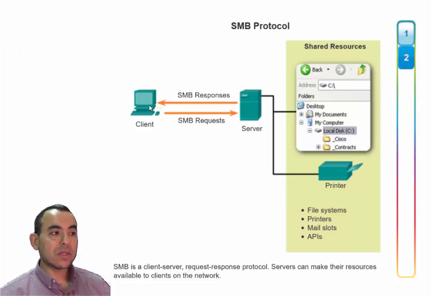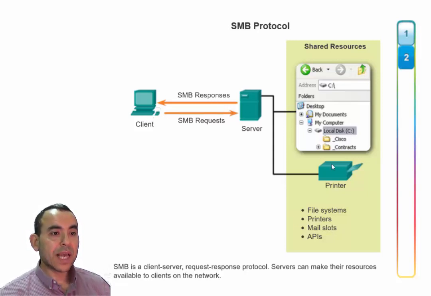Windows, or Microsoft, has developed this protocol further to facilitate the sharing of a particular directory on the server to be as if it's local on the client, and we use that to map a directory from the server to a specific client.